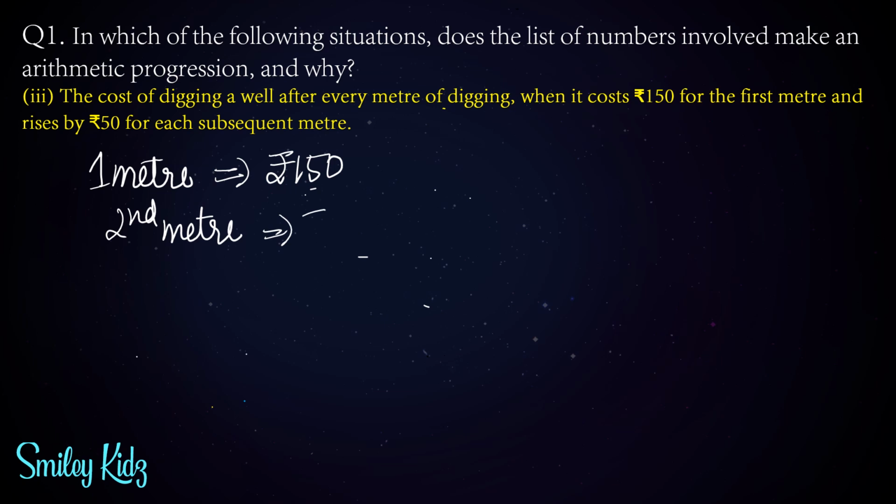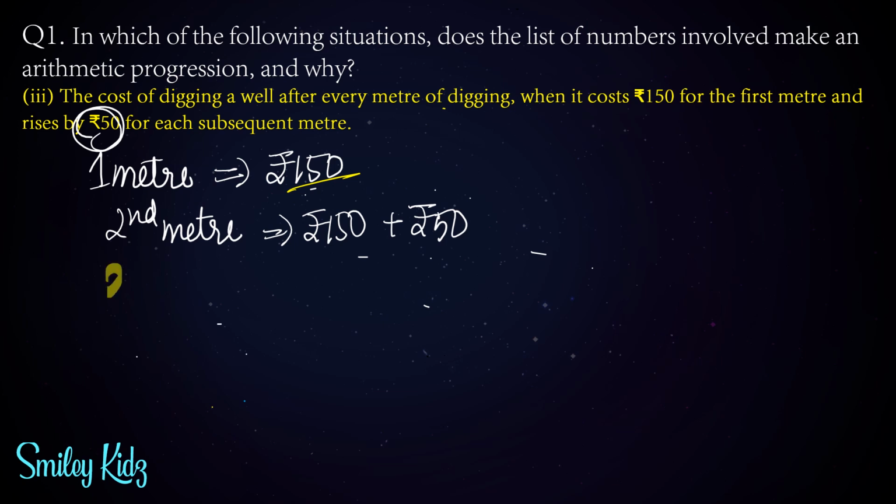Second meter, rupees 150 plus rupees 50. It rises rupees 50 for each subsequent meter. But when we move on to the next meter, it turns out to be rupees 150 plus rupees 50.